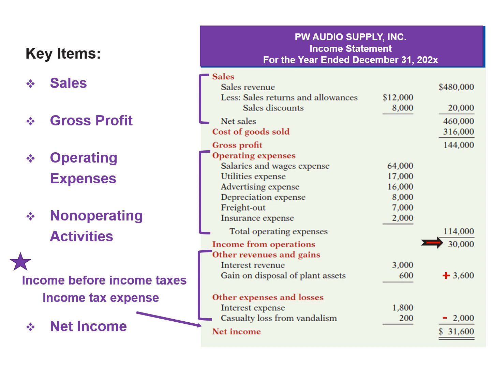Typically, the net amount resulting from other revenues and gains is added, and the net amount resulting from other expenses and losses is subtracted from income from operations to arrive at income before income taxes. This amount is then multiplied by the company's income tax rate to arrive at income tax expense. Income tax expense is subtracted from income before income taxes to arrive at net income.